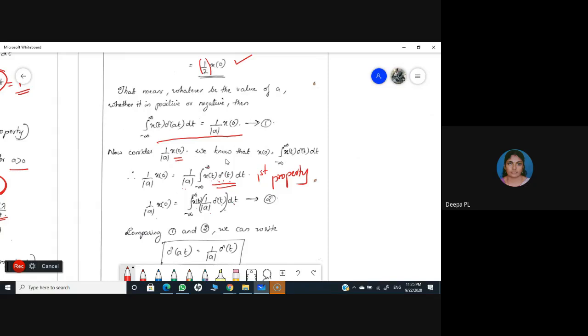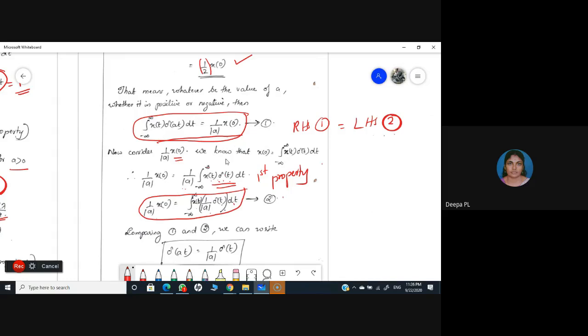This is equation 2. Now, the RHS of equation 1 is equal to the LHS of equation 2.